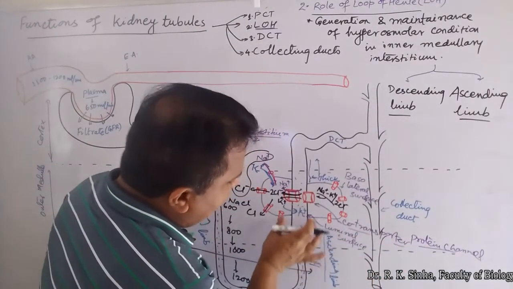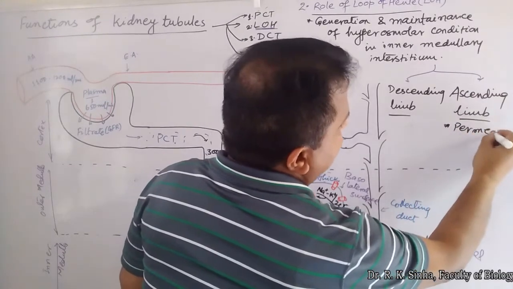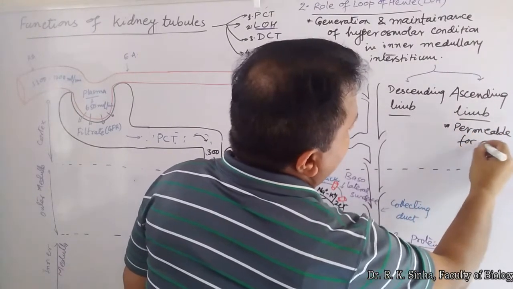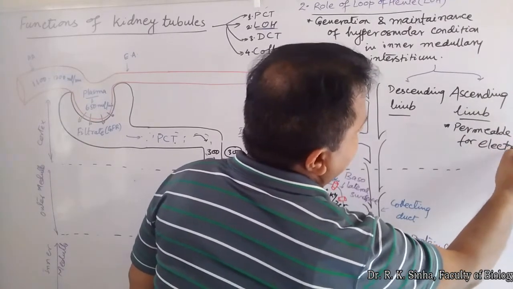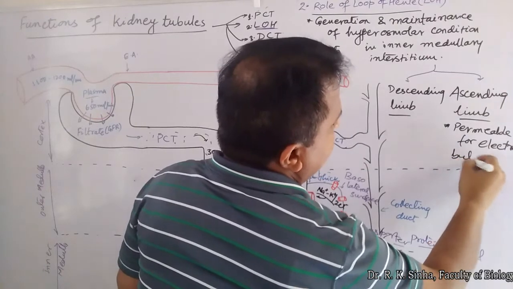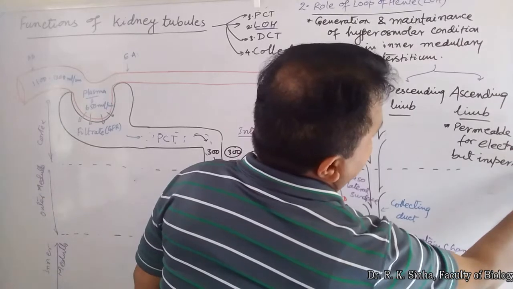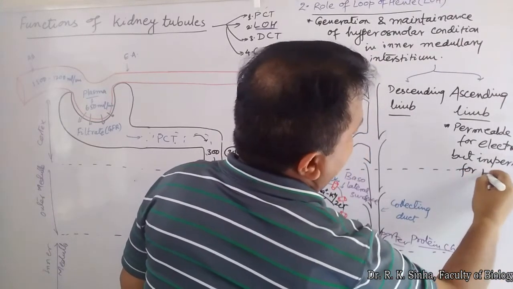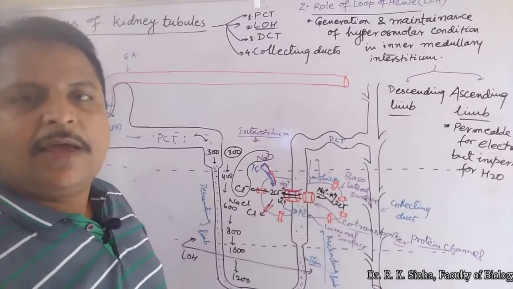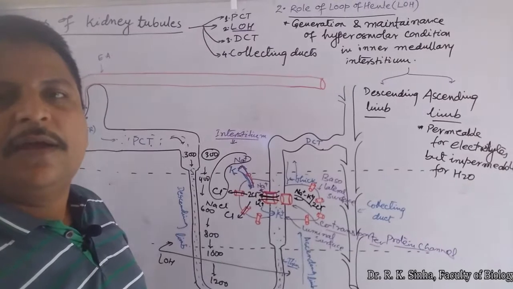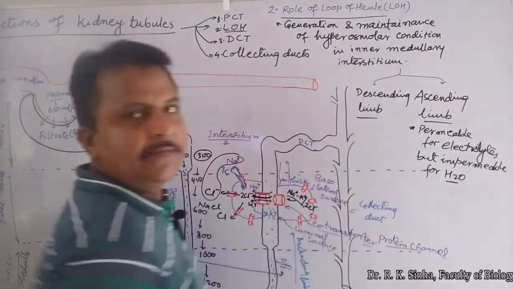This ascending limb is permeable for electrolyte, but impermeable for H2O. There is no specific passage for removal of water from this region.